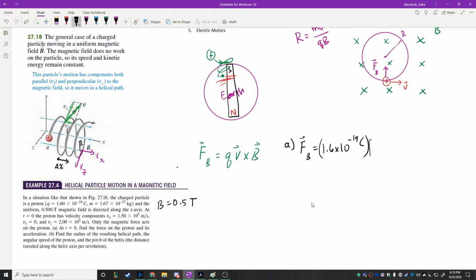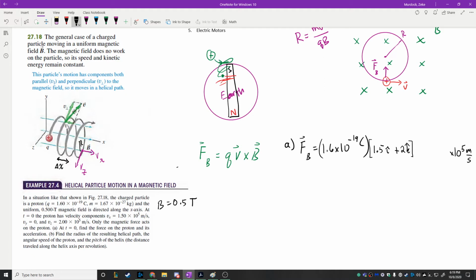So right here we'll write the velocity in component form. It would be something like 1.5 i hat, I'm going to put the exponent at the end, plus 0 j hat, plus 2 k hat. And then that's times 10 to the 5th. And we have to multiply that cross product with b. So I'll just put times 10 to the 5th out here at the end. And that was in units of meters per second.